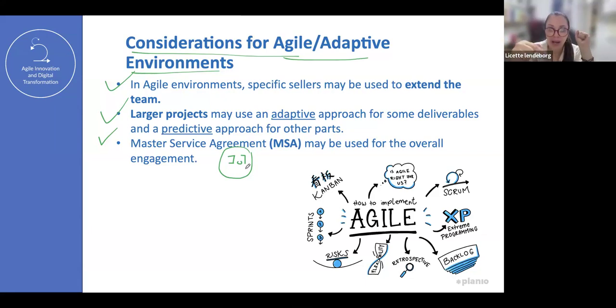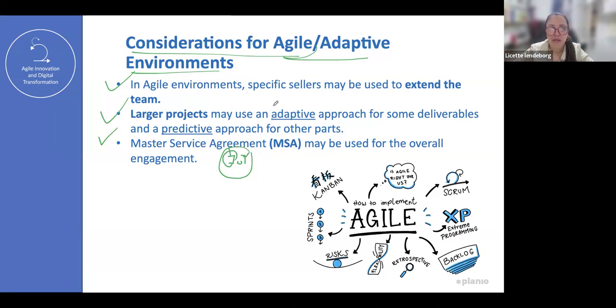However, when you need to buy specific software and configure it, that is software work. This is hardware, this is software. For the hardware you can use predictive, and for the software you can use agility. That is a very easy example.